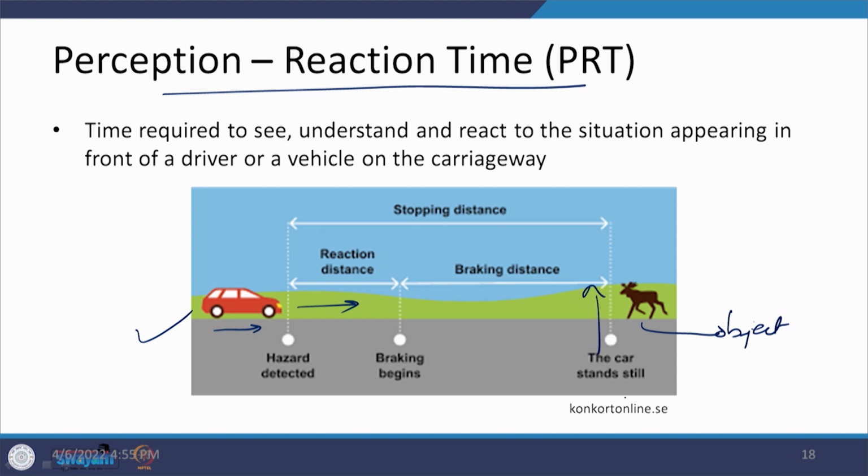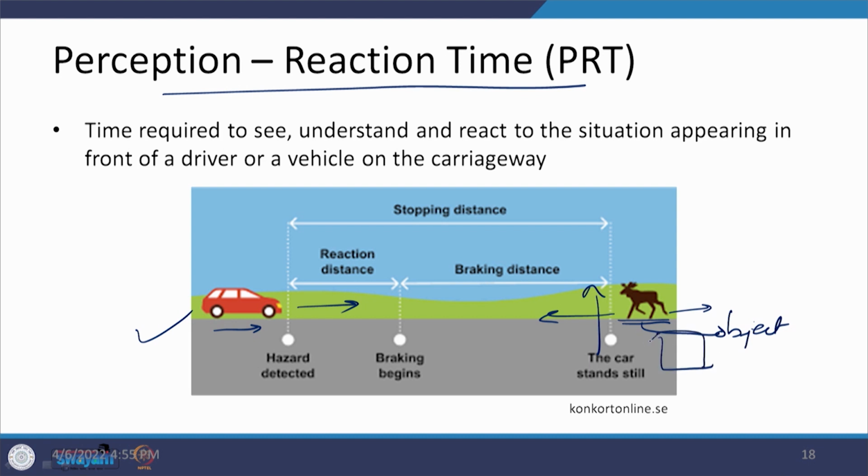This may be standing at this location itself, this may be moving in this direction, or this may be going away from the vehicle. Anything may be happening with respect to this object which is an animal, or it can be a stationary object, say something is lying here as a box.